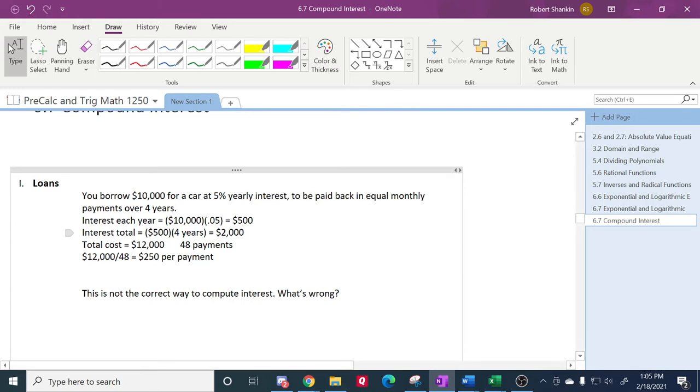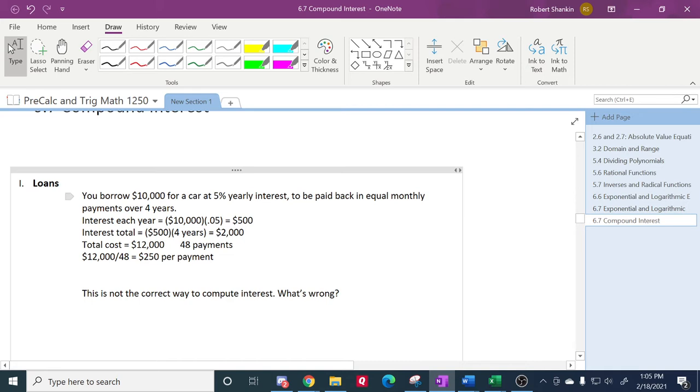So $500 times 4 years. You multiply those out with a calculator, you do get $2,000. So all my individual computations are correct. So you can see that you're paying $10,000 for the car and you're paying $2,000 in interest. So your total cost is going to be $12,000.